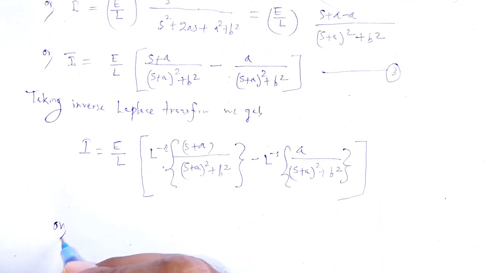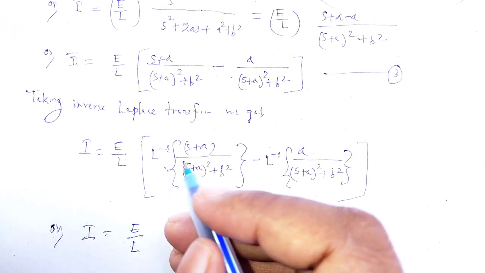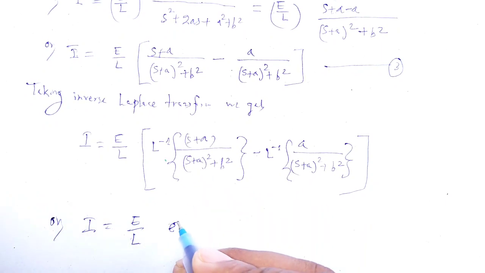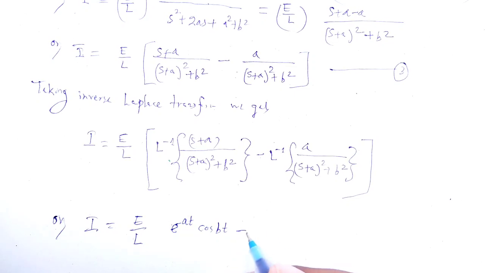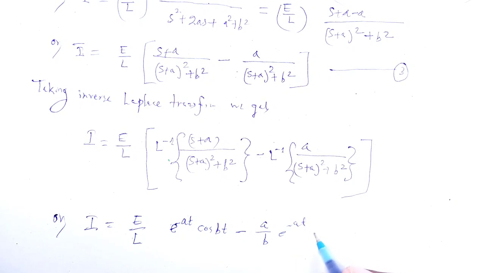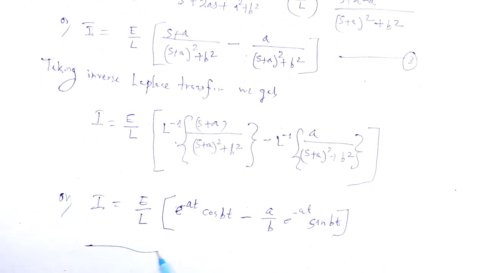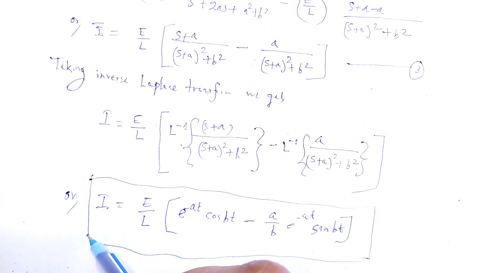Or I is equal to E by L times e to the power minus a t cos bt minus a by b e to the power minus a t sin bt. That is the required expression for current in case of the LCR circuit.